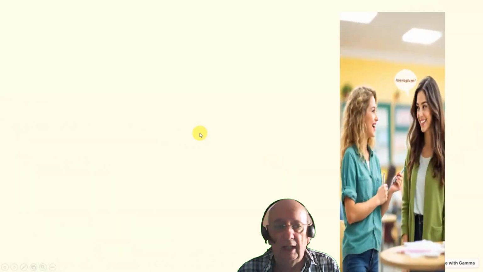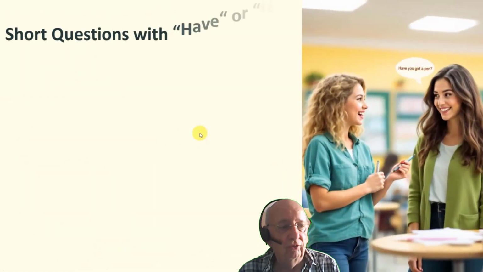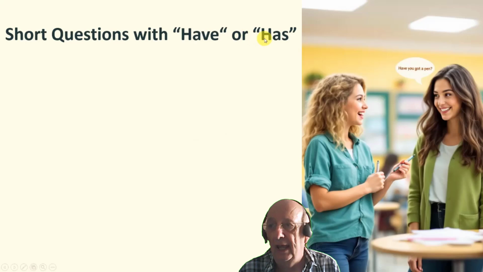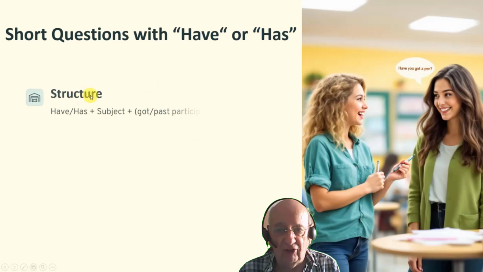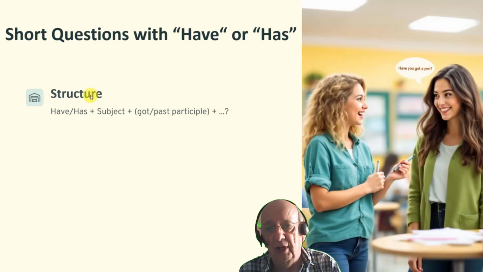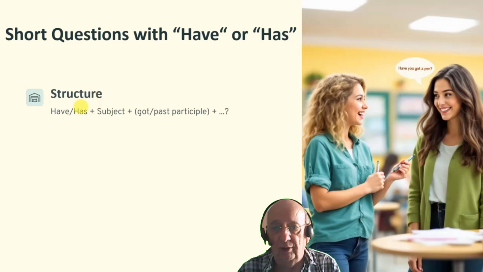Okay, let's go and have a look at short questions with have or has. First one, we're going to have a look at the structure, because once you understand the structure, you can create the short question. Firstly, have or has plus the subject plus got or the past participle plus of course your short question.